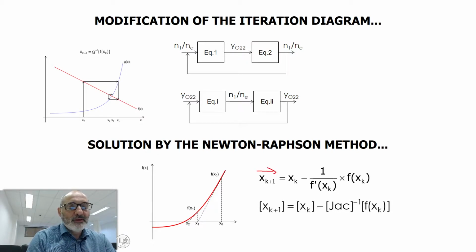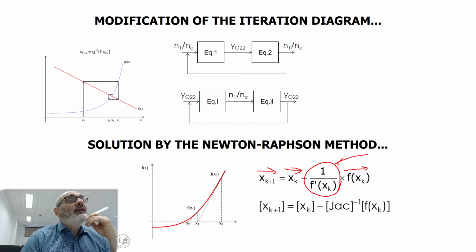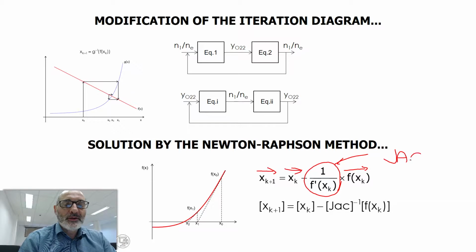So instead of having one single variable, one parameter, you have a vector here, a vector of functions here, and in order to extrapolate this derivative, now we have the derivative of all functions in terms of all variables. This is the Jacobian matrix.